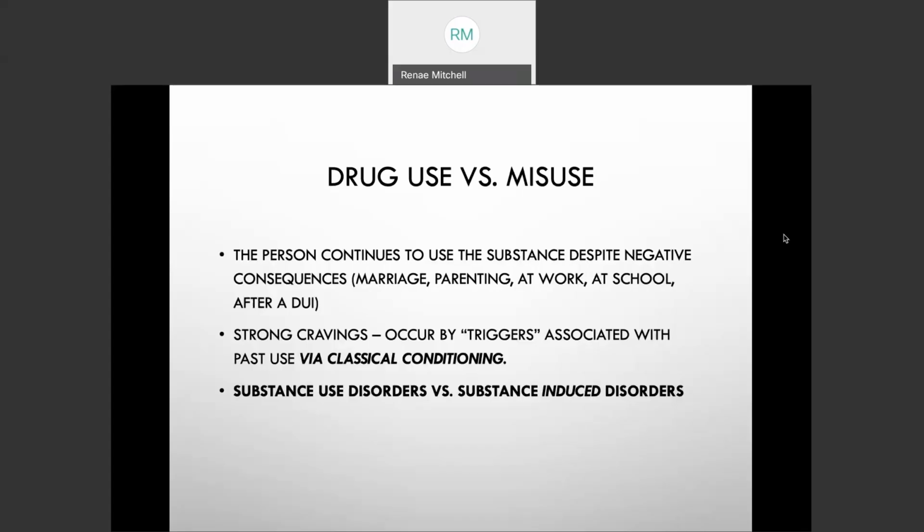So if someone uses alcohol and experiences delirium or disorientation because of alcohol, that's a substance-induced disorder. If the problem is that the person engages in compulsive alcohol use that they cannot control and it meets all these other criteria, that is a substance use disorder.